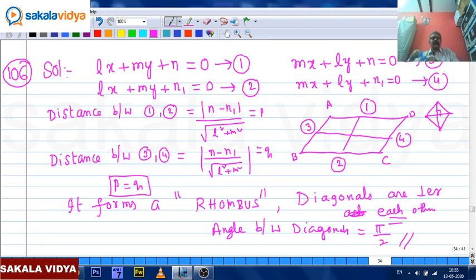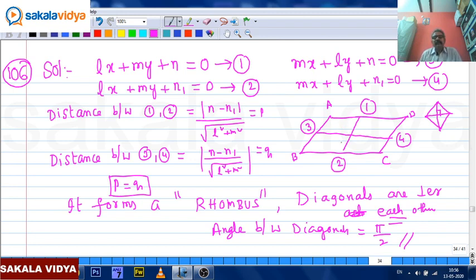In a square, sides are perpendicular. See, 1 and 2 are parallel, 3 and 4 are parallel.